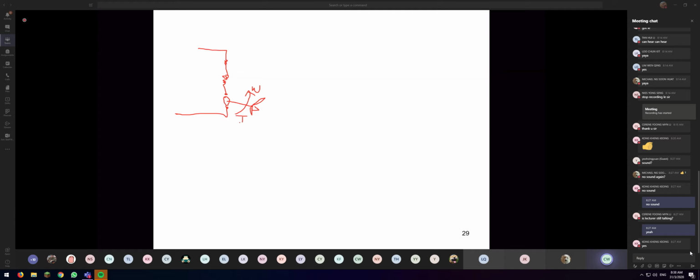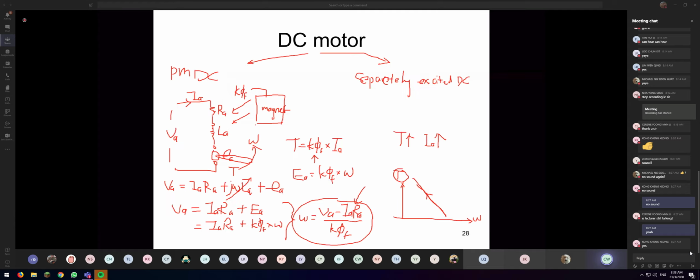I forgot to mention, when you talk about the speed, people normally mention it in terms of RPM, for example 100 RPM. RPM represents the revolutions, how many turns per minute. But when you want to use this speed for calculation, you have to convert the RPM into radian per second, because RPM is not an SI unit.